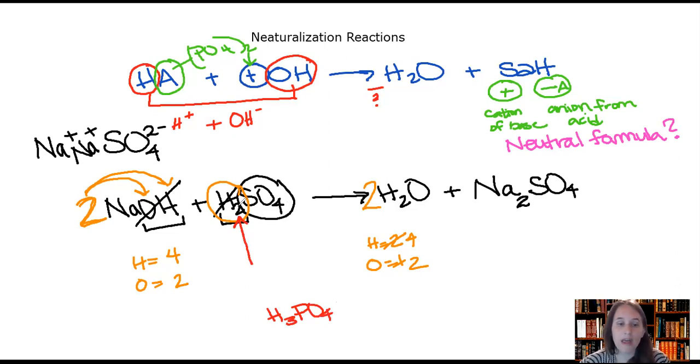A lot of times that subscript will end up being my coefficient in front of my water. So if you're having trouble balancing, you might want to try that out. Now that didn't account for this one. I still needed another coefficient to make it balanced, but it can help you a little bit with your waters, making sure that you're creating the proper number of water molecules.